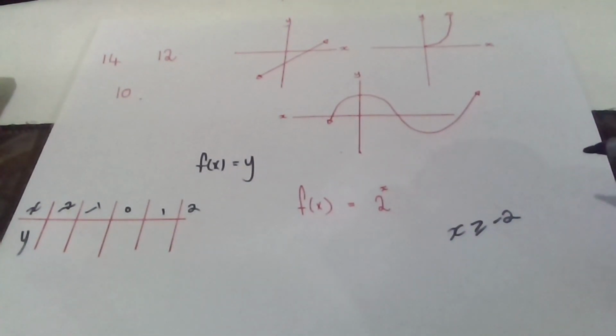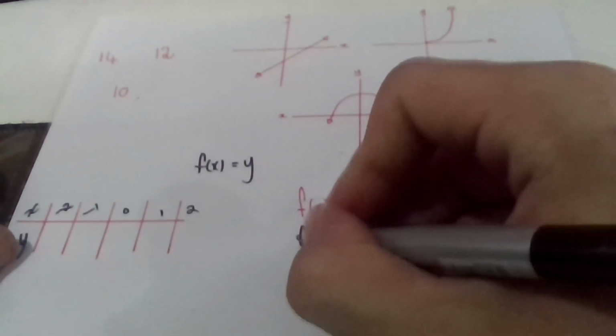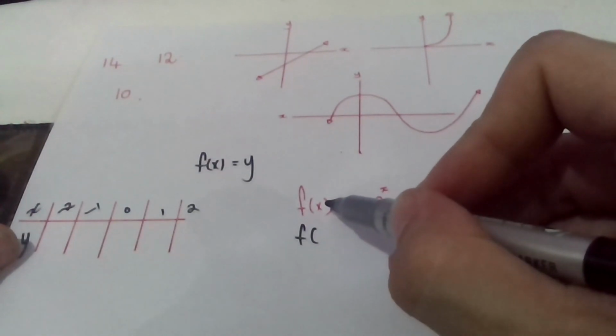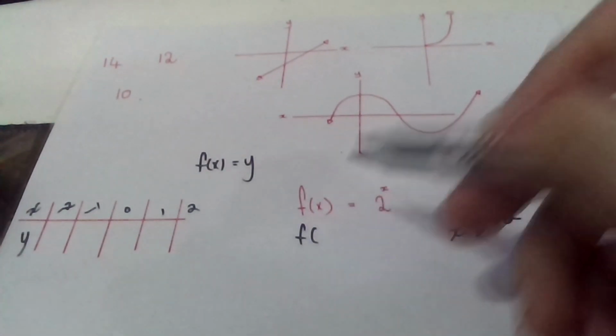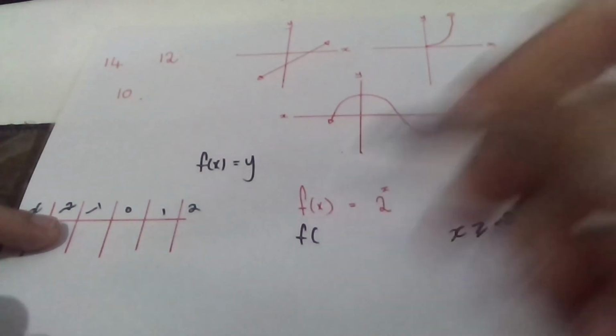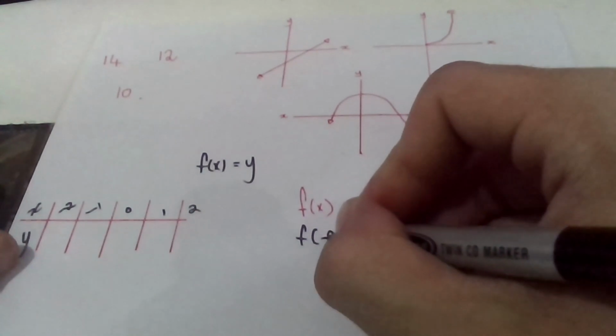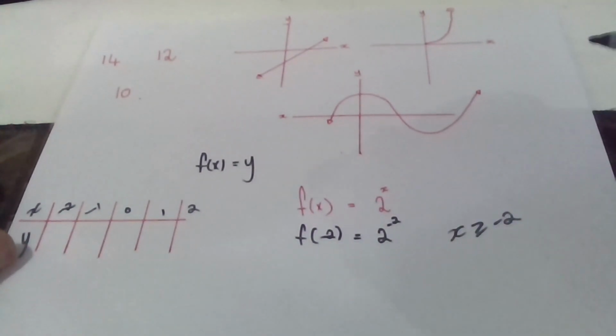How do I find these values? I can find them by replacing. x is over there, and x is over there, so I can just input this value into my function. This is going to be 2 to the power of -2.